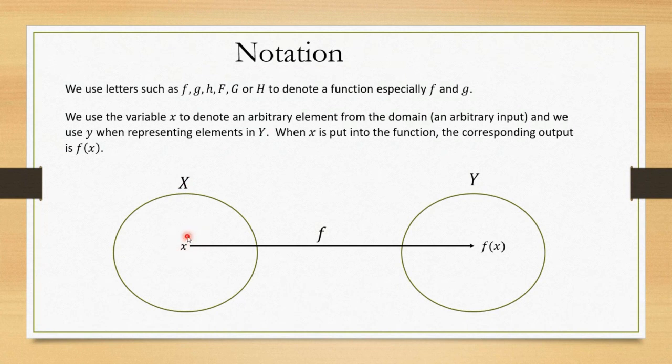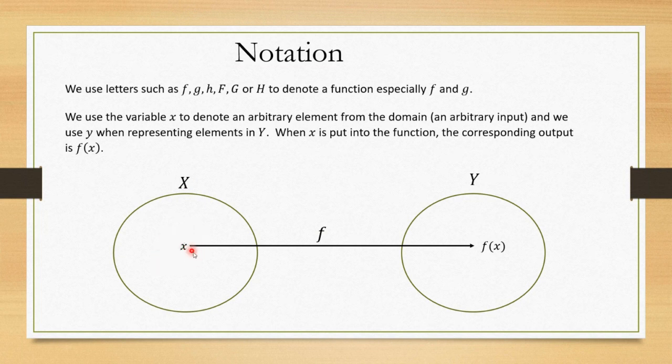Little x will represent an arbitrary element from the domain, because we want to specify what the function does, that rule. So little x will represent an arbitrary input, an arbitrary domain element.